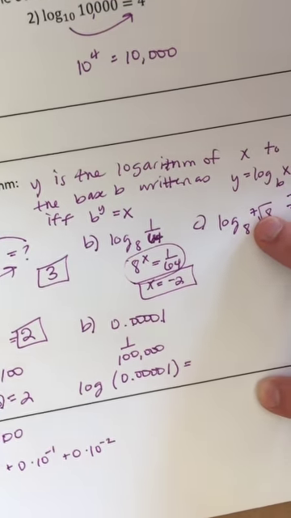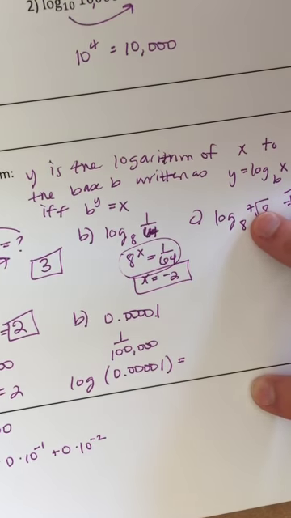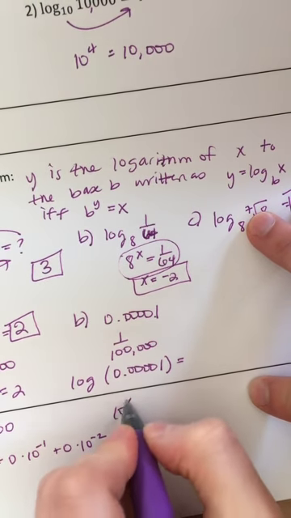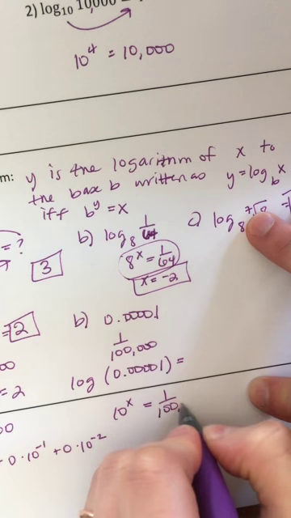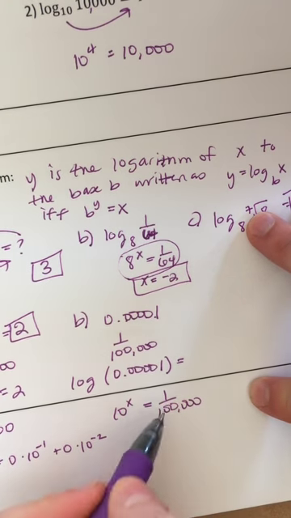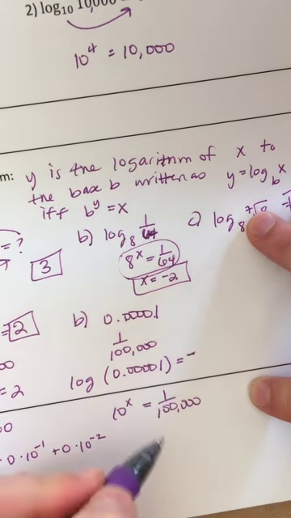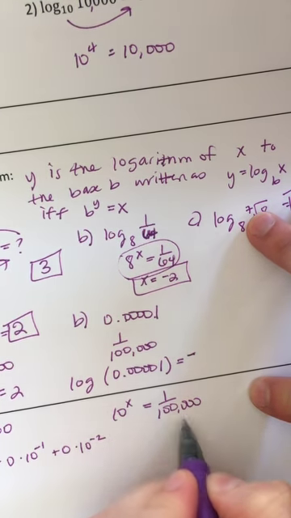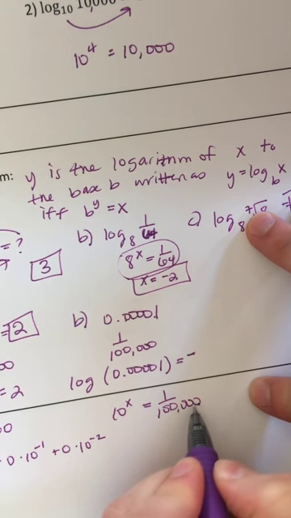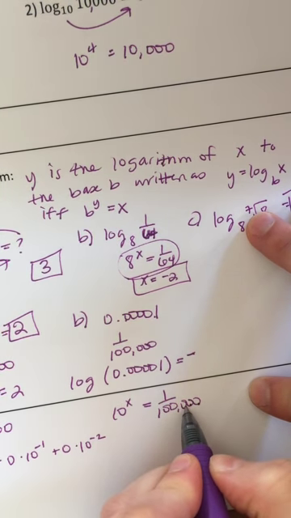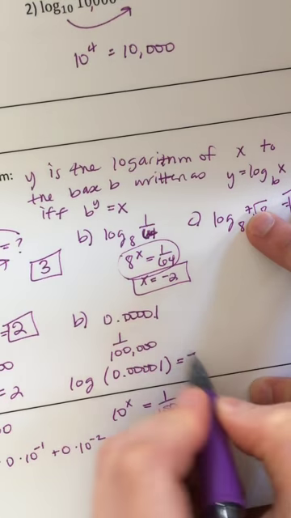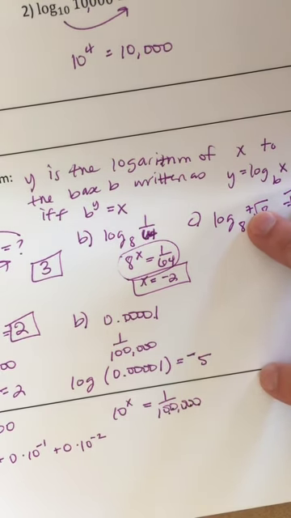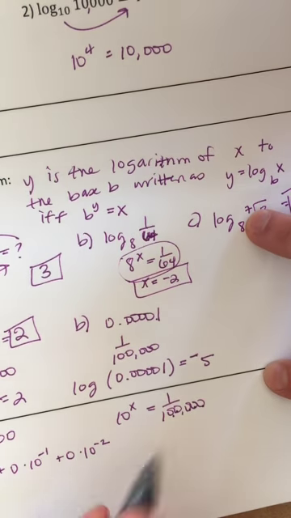So what exponent would I have to take 10 to get 1/100,000th? Well, it has to be a negative number because I'm making it in the denominator, and I'm adding on, so 10 to the 1st, 10 squared, 10 cubed, 10 to the 4th, 10 to the 5th. So it has to be -5. So 10 to the -5th will get me 1/100,000th.